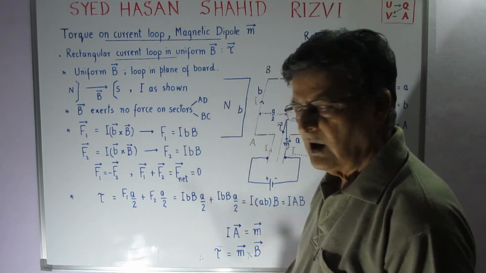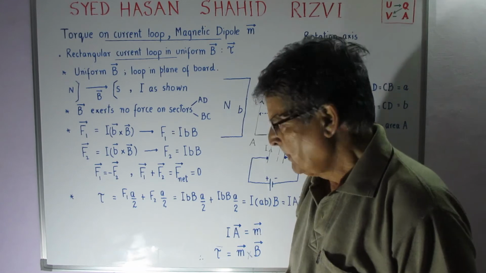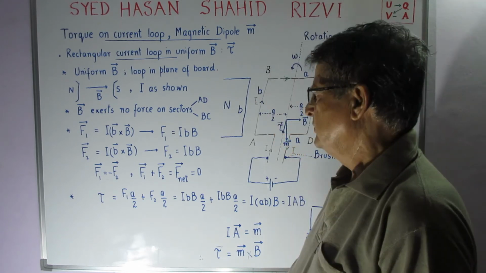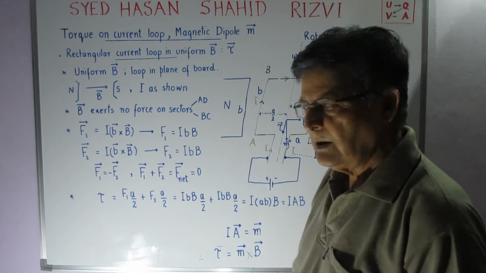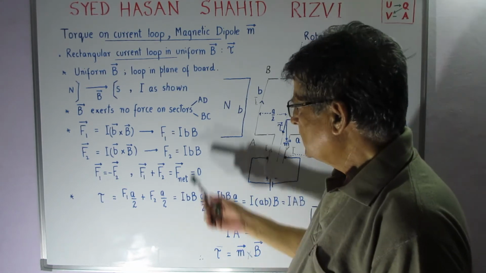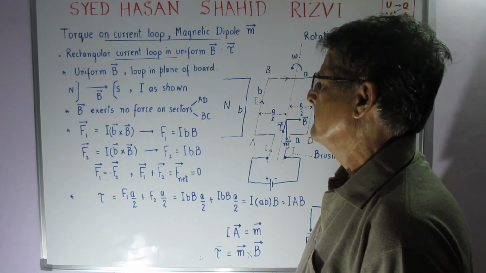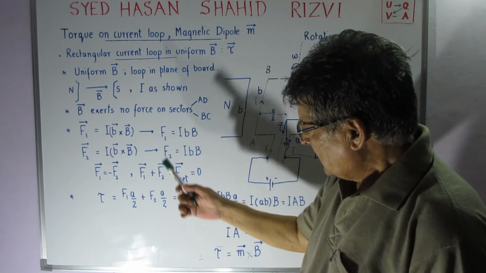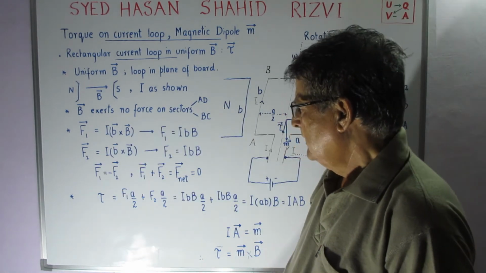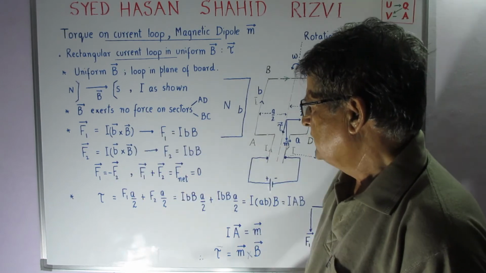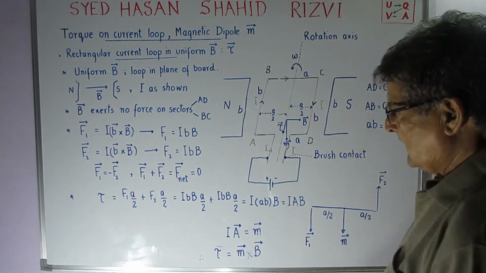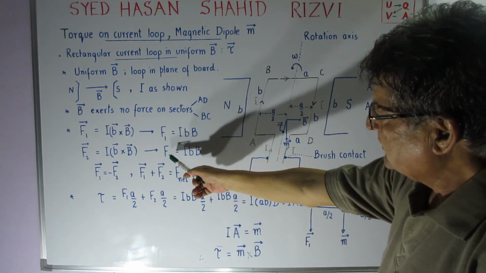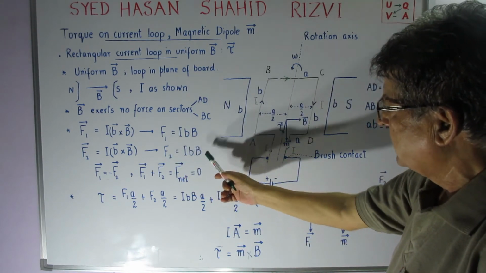That same formula, force is equal to ILB, which my teacher used to call bill. So this bill gives IBb. And similarly, in the second case, the force is I L cross B, and the magnitude turns out to be equal to IBb again.